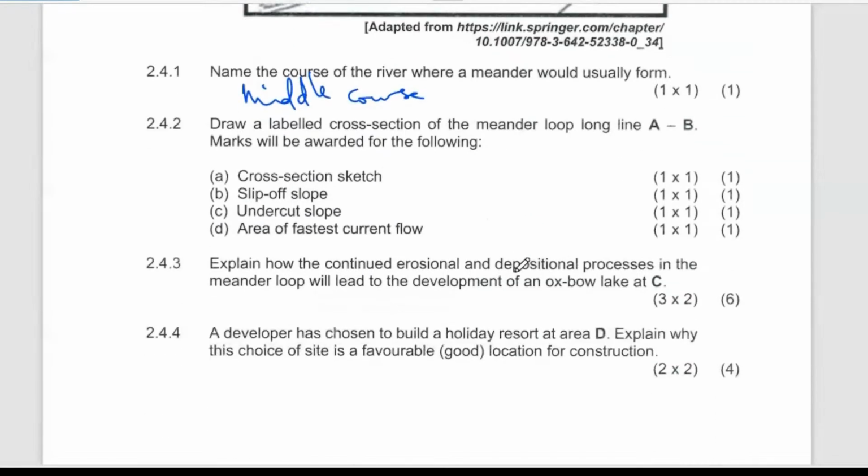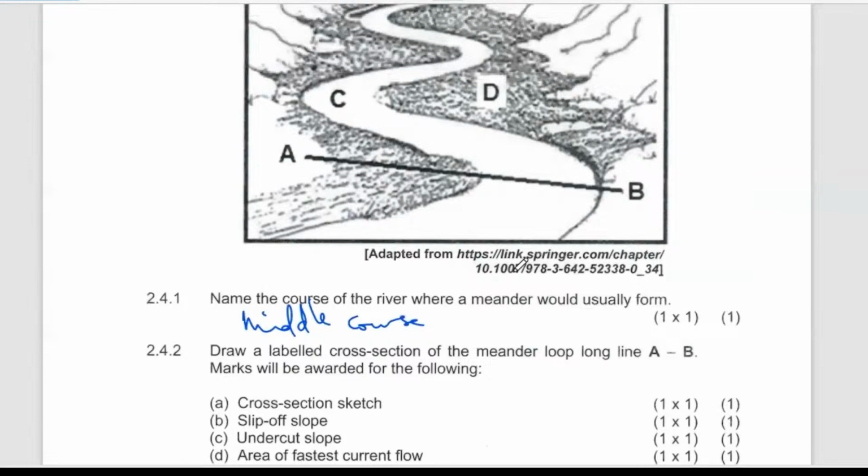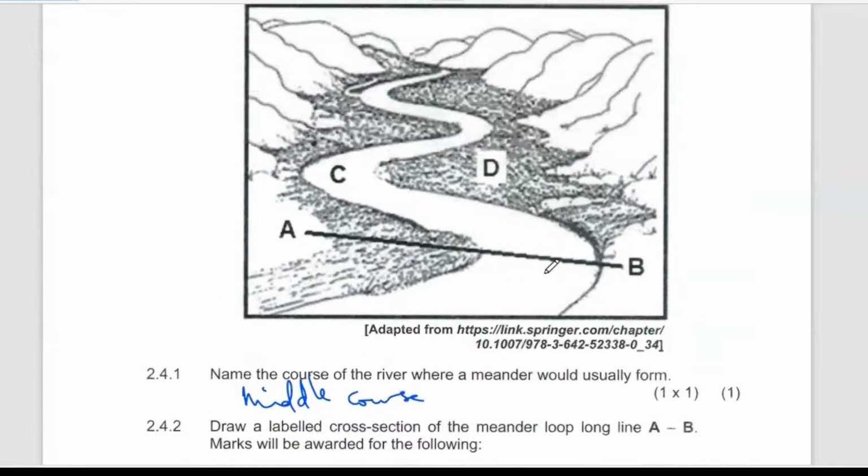Right, draw a labeled cross-section of the meander loop along line A and B. What you must note here is along line A and B, we want to draw a cross-section. If this is our bend, this is our outer bank of our bend there, and this is our inner bank of our bend. As a result, at the outer bend, there is high velocity.